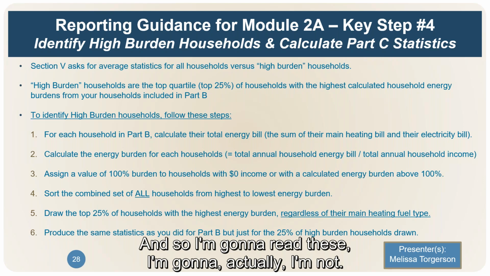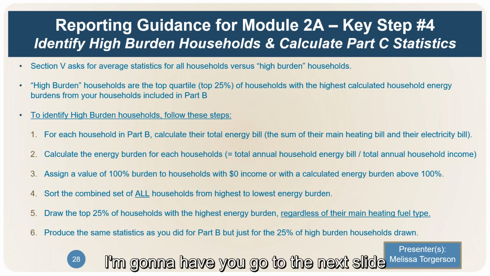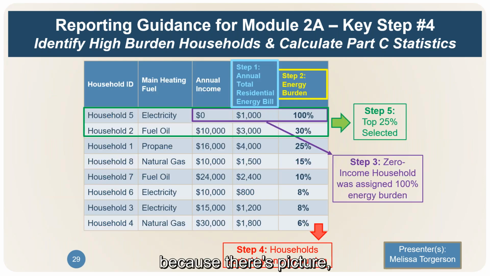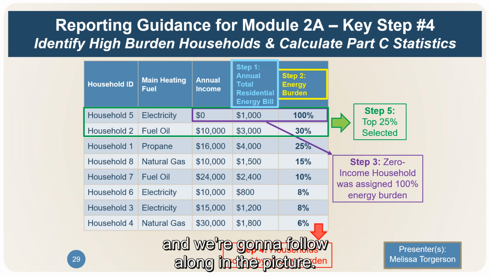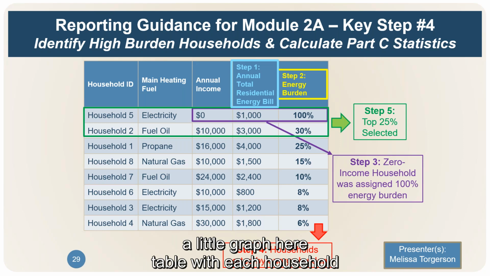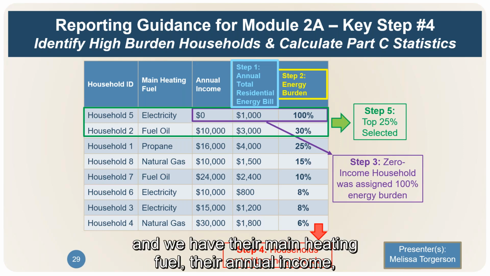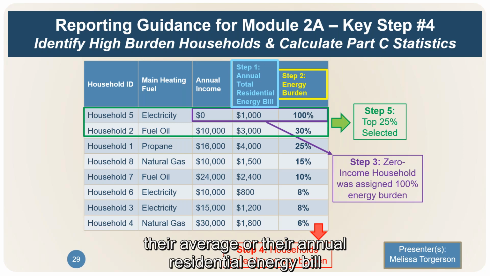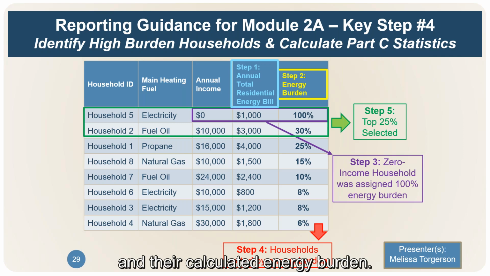I'm going to have you go to the next slide because there's a picture. We're going to follow along in the picture. As you can see, we have a little graph here, table with each household, and we have their main heating fuel, their annual income, their annual residential energy bill, and their calculated energy burden. So we've got that laid out in a table.